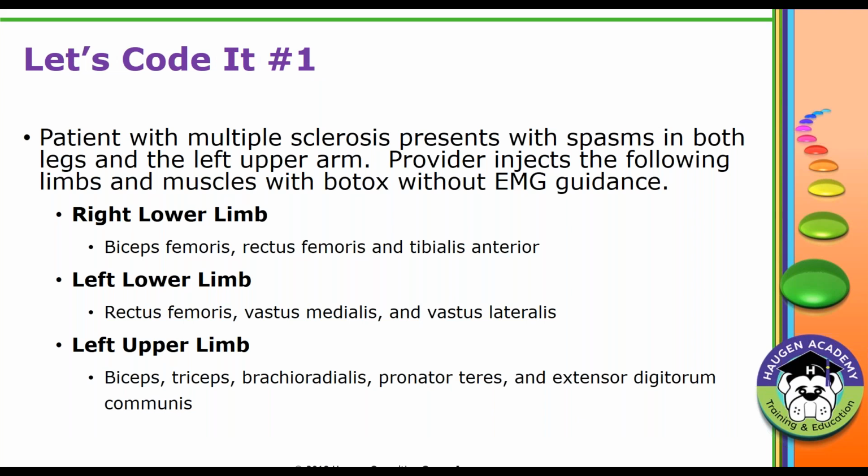We have a few coding examples to go over, and we'll take some time to go over these together. This is a patient that comes in with MS, has spasms in both legs and the left upper arm. The provider injects the following limbs and muscles with Botox without EMG guidance. So I'll give everybody a few minutes to look at this.